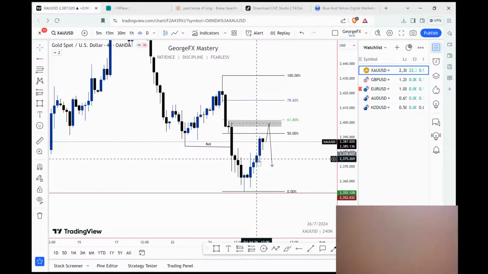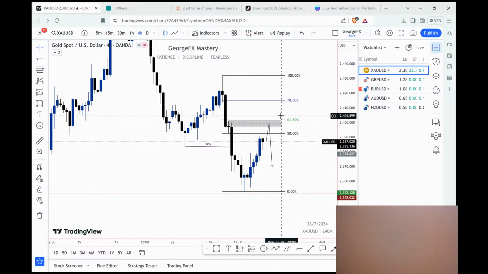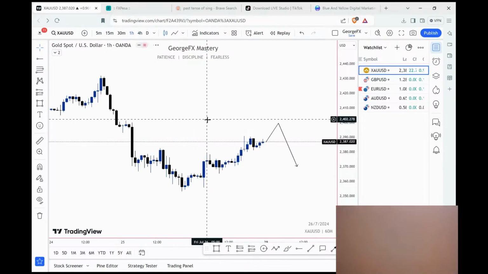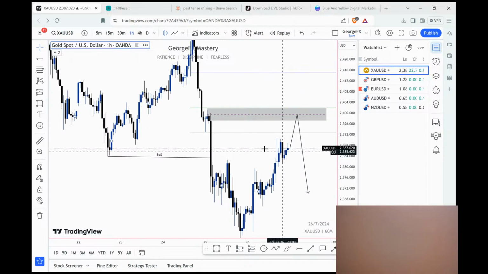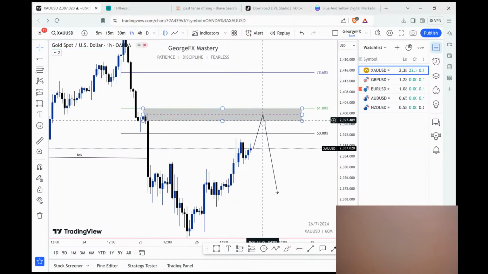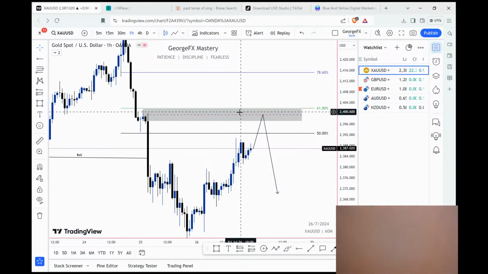Now, I am expecting a pullback to around this golden level. And if you look at the 1-hour time frame, you'll notice that we have a very nice order block around there. I'm expecting the market to pull itself to the 61% level, and then we can take a sell from there.